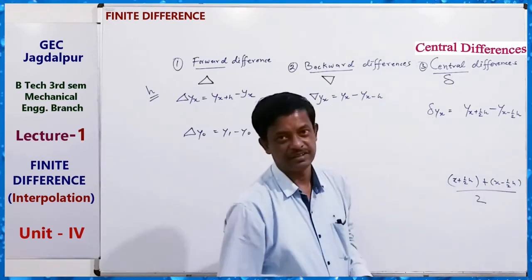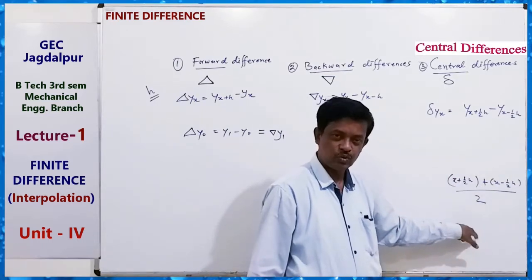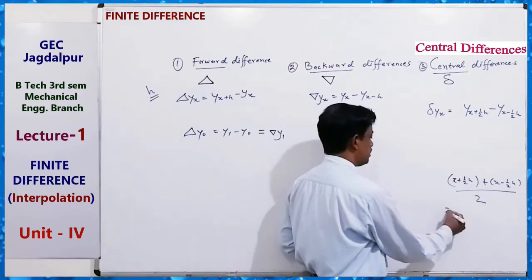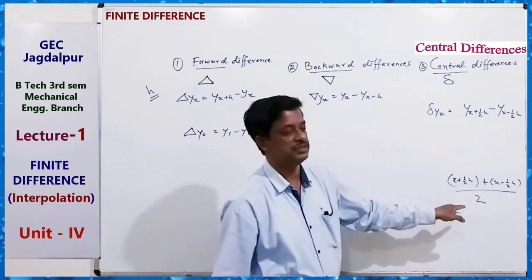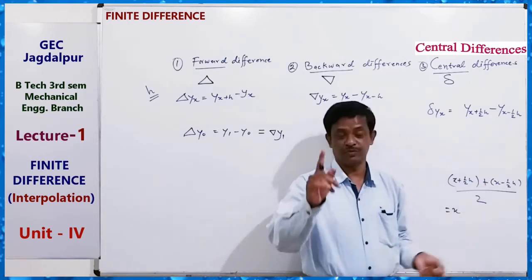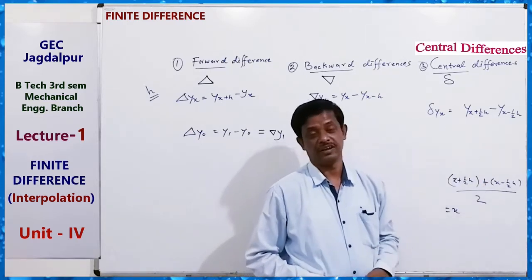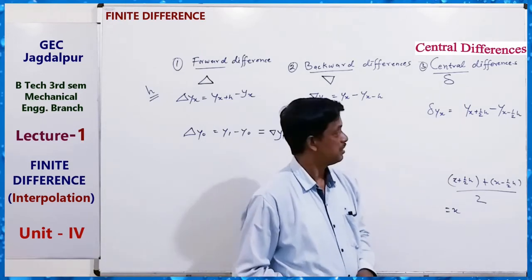Plus half h minus half h cancel, 2x upon 2, 2 cancel, its value is x. Average of these two arguments, where the first value is greater and the second value is lower.